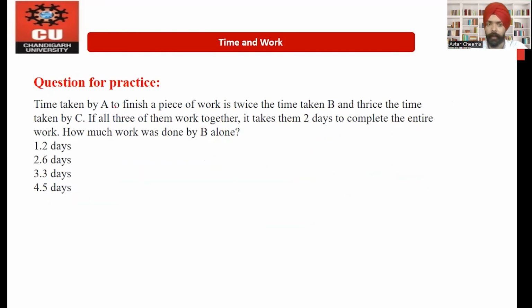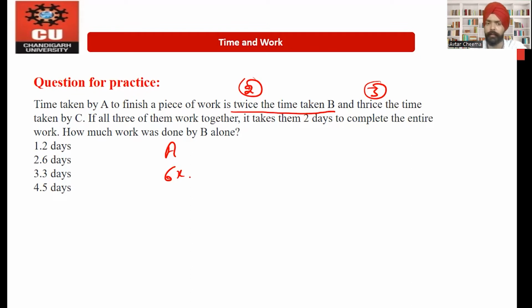Here, the time taken by A to finish a piece of work is twice the time taken by B, this is 2 times, and thrice, 3 times, the time taken by C. So if I take the LCM, it will be 6. So can I say that A is completing the work in 6x days, because we are not aware of the number of days.